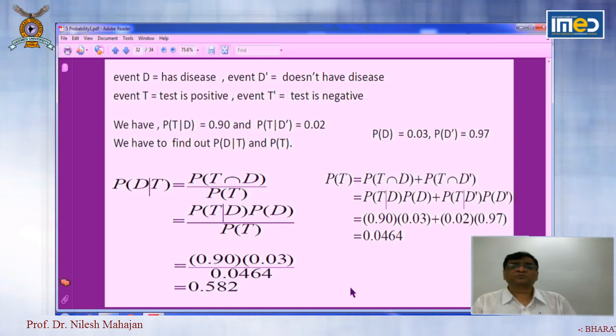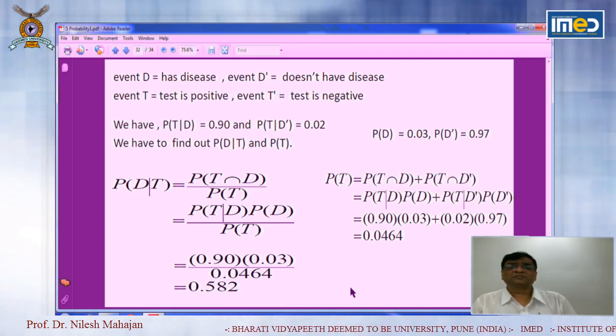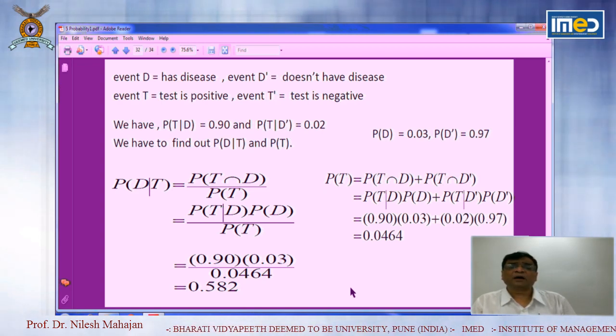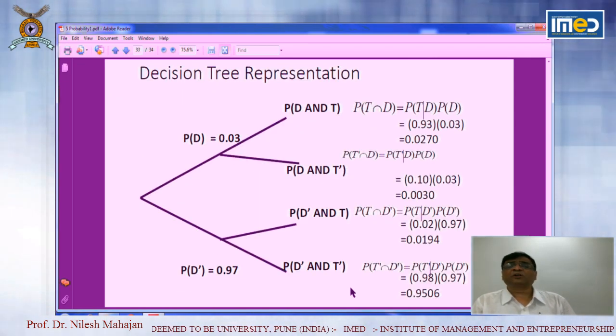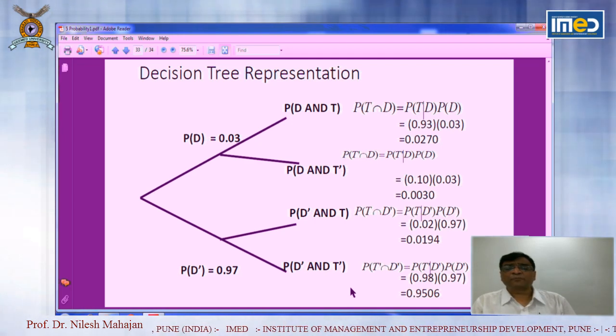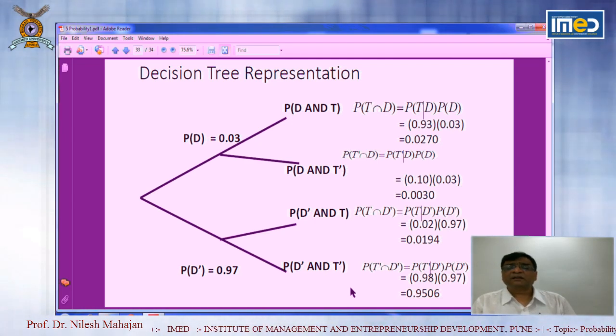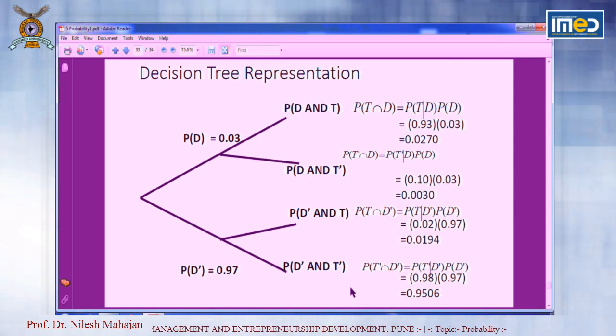You substitute the values and find the total for the disease, and T represents the test being negative or positive. So if the test is positive, you calculate according to the formula and find the result. This data we can represent with a decision tree. The decision tree is very helpful for computer science people to understand what results are given. With the help of this we calculate the values.